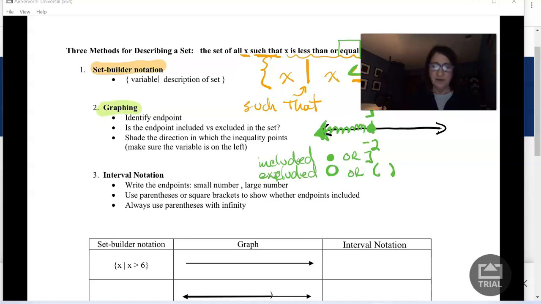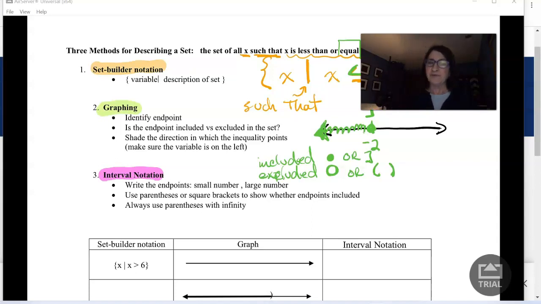So with interval notation, you always use the format for the endpoint, to write the endpoint, small number, comma, large number. Always that pattern. If you write it large number first, small number second, that would be incorrect. It's small, comma, large.